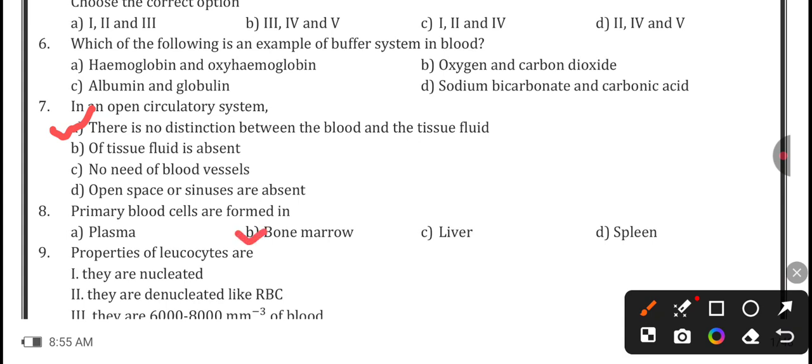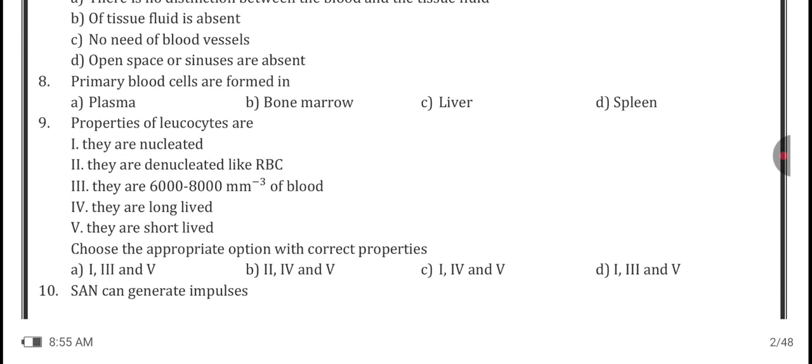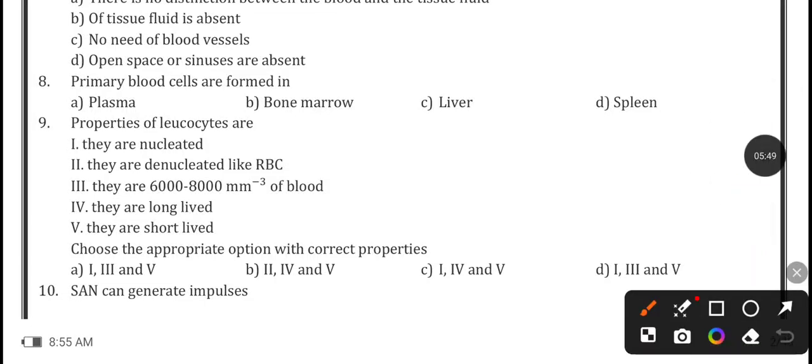Now the properties of the leukocytes are: they are nucleated, this is the correct option. They are denucleated like RBCs, no, this is the wrong option. They are 6,000 to 8,000 per mm³ of the blood, this is correct.